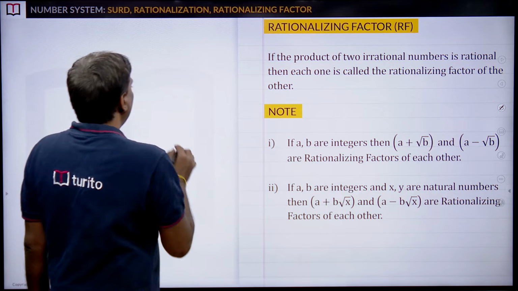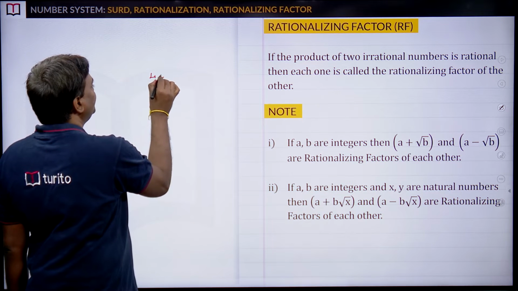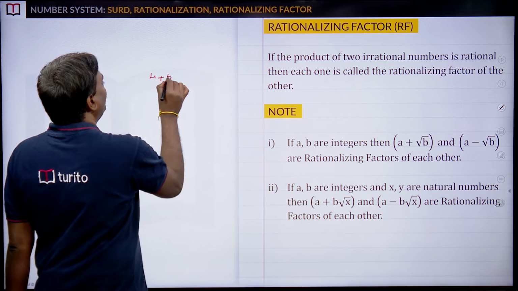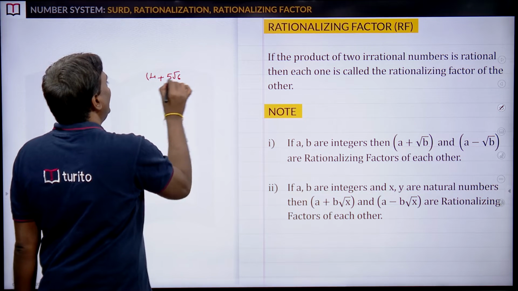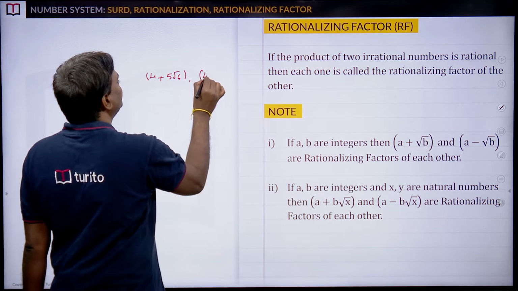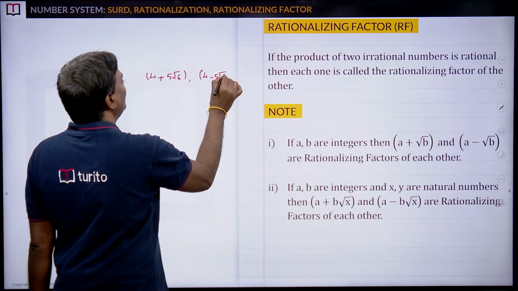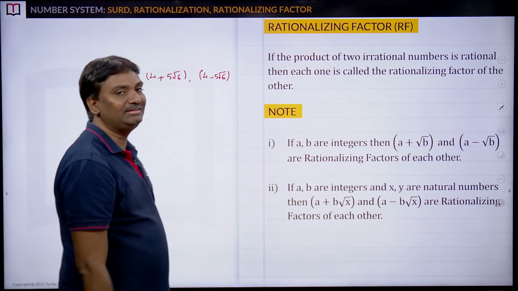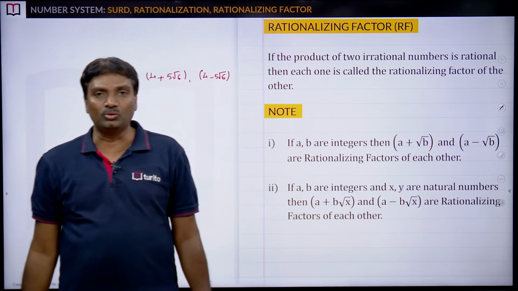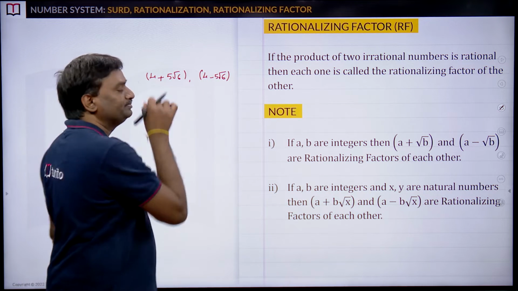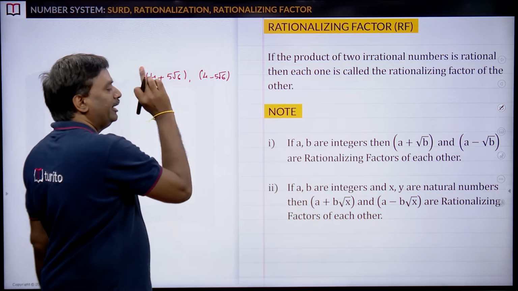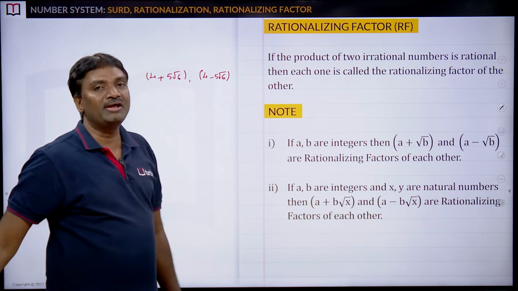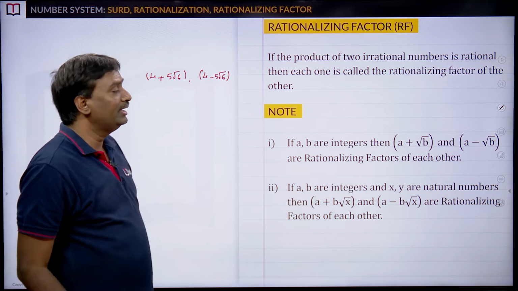So, for example, if the first number is a plus b root x, say 4 plus 5 root 6, and the second one is 4 minus 5 root 6. This is in the form of a plus b root x, and the second one is in the form of a minus b root x. If you multiply these two, using the formula (a plus b)(a minus b) equals a square minus b square, you get 4 square, 16, minus 5 root 6 whole square, 25 into 6.